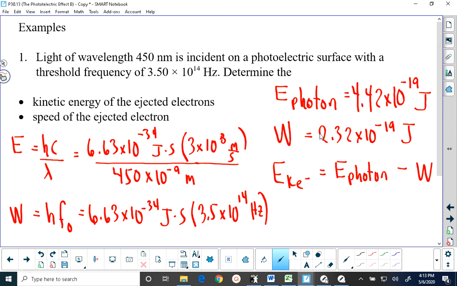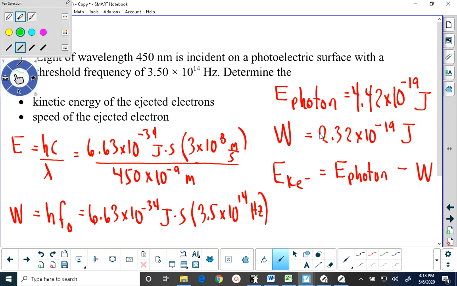Now we're asked to determine the kinetic energy of the ejected electrons, and we know that the kinetic energy of the ejected electrons is found by taking the energy that the photon gave the electron and subtracting the work function. And we're not really using a formula.